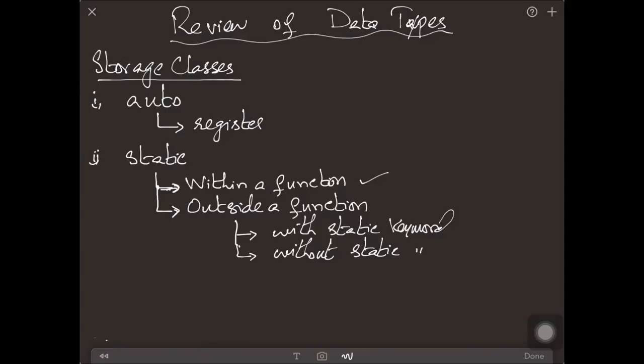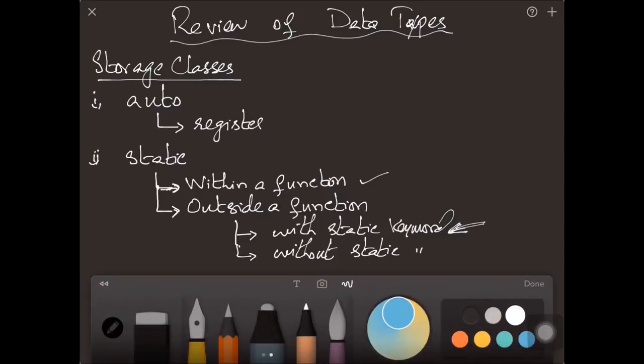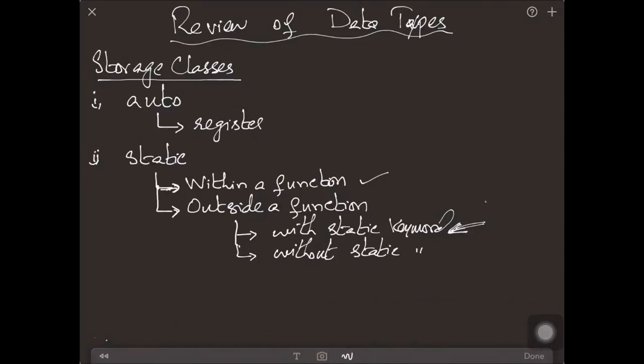If you declare a variable outside all the functions with a static keyword, this gives them internal linkage. By internal linkage, I mean that those variables are not accessible outside that .c or .o file in which they are created.